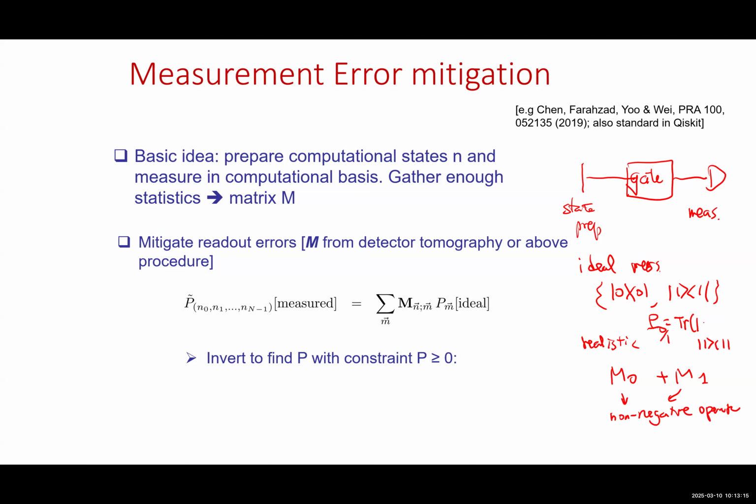P1 would be this, okay. But realistically, this would not be the case. So this will be an operator, and they have to add up to one. And P0, P1 will be the trace of M0 and M1 with this density matrix, your state.